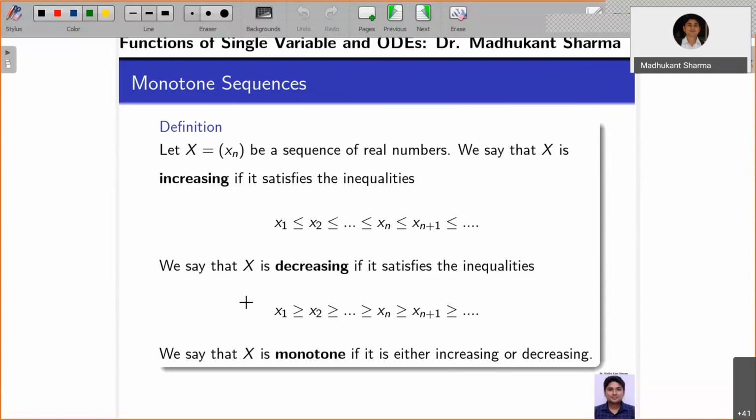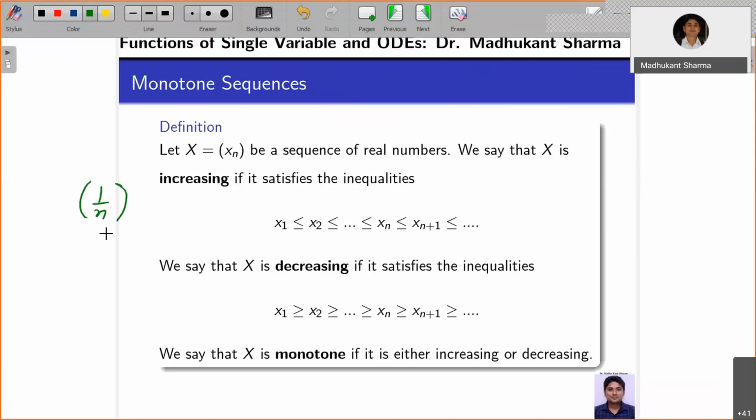Now we say that x is decreasing if it goes the reverse way. You start with the largest value, then it goes smaller and smaller as you go to larger n. For example, look at the sequence 1 by n.